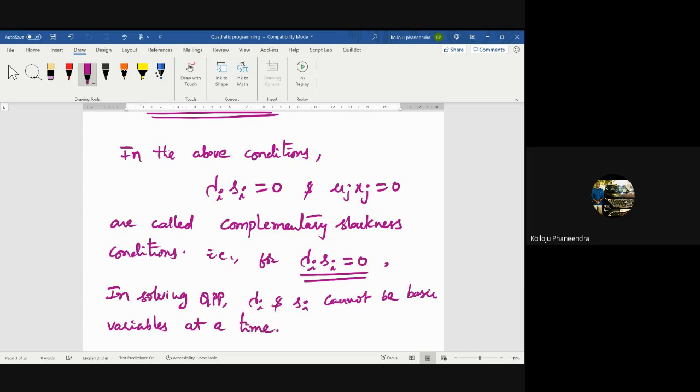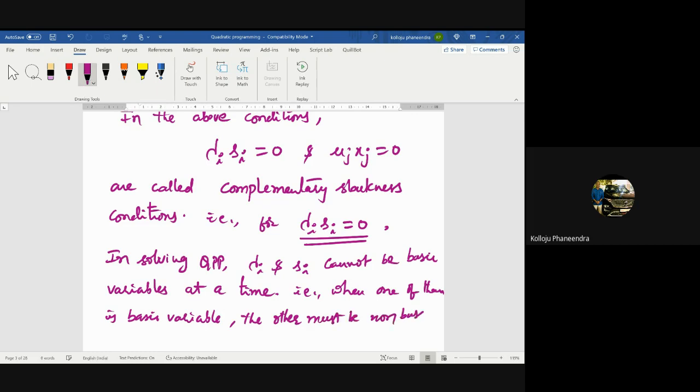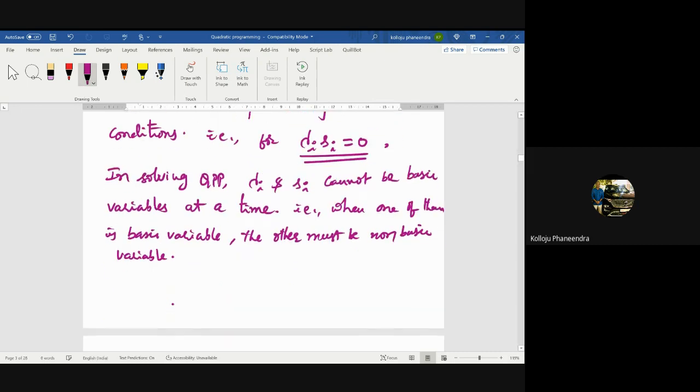That means in the simplex table, lambda I and Si both cannot be basic variables. Definitely one of them must be non-basic. When one of them is a basic variable, the other must be a non-basic variable. This is the complementary condition.